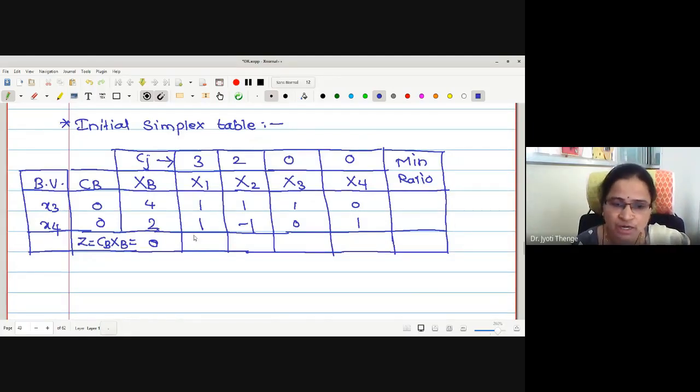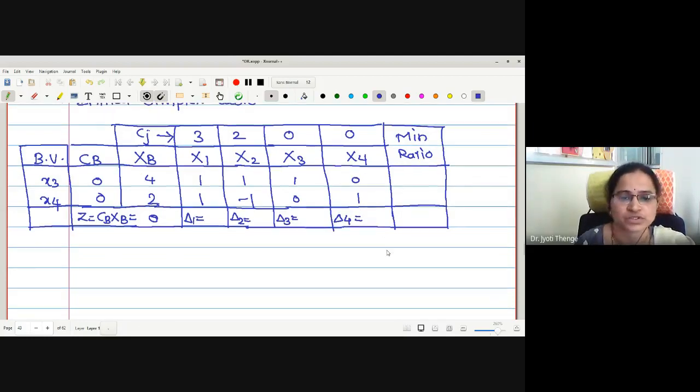Now we will calculate net evaluations corresponding to every variable, and the names I am giving are delta 1, delta 2, delta 3 and delta 4. Let us do the calculations. For the first table, I am writing all the calculations in detail. Delta j is the formula CB xj minus Cj.